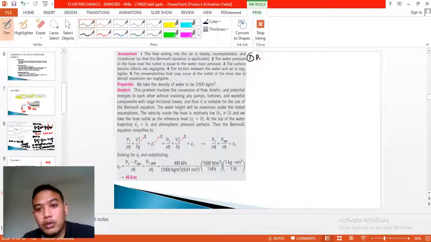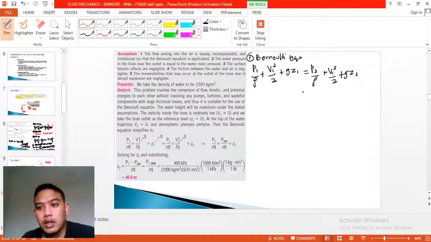So we need to write down the Bernoulli equation: P1 divided by rho plus V1 squared divided by 2 plus GZ1 equals P2 divided by rho plus V2 squared divided by 2 plus GZ2.